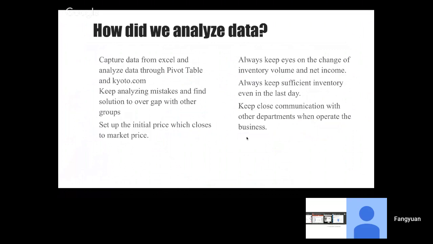We have several strategies. We have to set the initial price close to the market price, and we have to always keep eyes on the change of inventory volume and net income. Also, we always keep sufficient inventory even on the last day, and we have to keep close communication with other departments when operating the business.